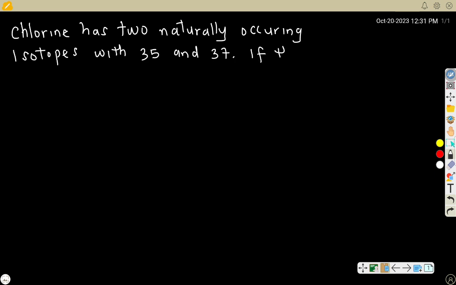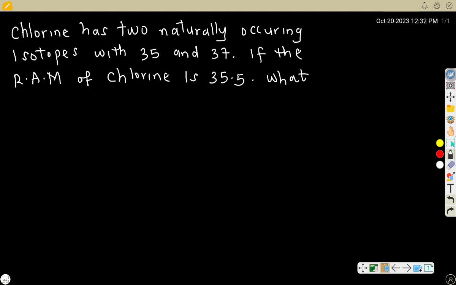If the RAM, that is the relative atomic mass of chlorine, is 35.5, what is the percentage abundance?